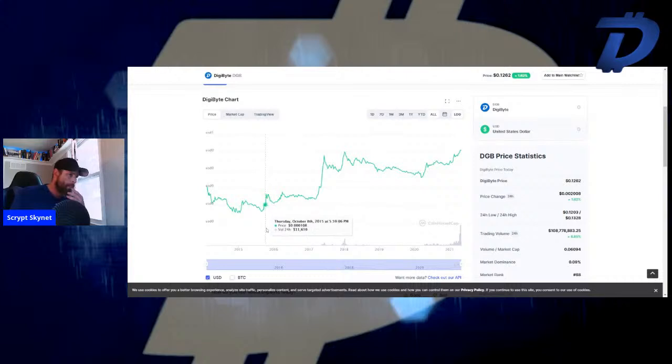Then DigiByte went to 6 cents, and then 13 cents, and then sold off. Well, we pretty much got all this back over here with real structure.